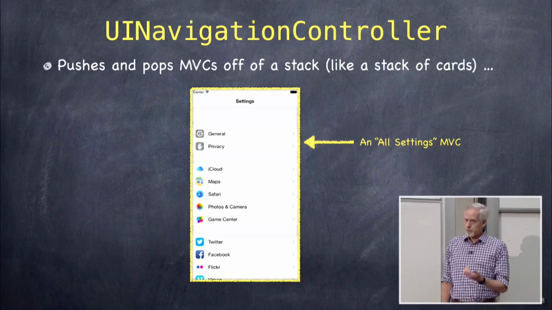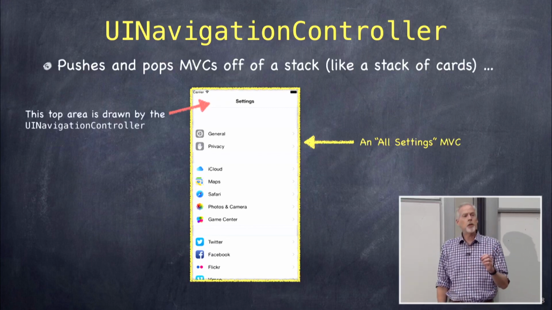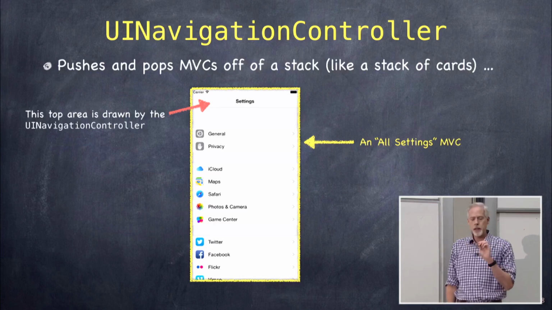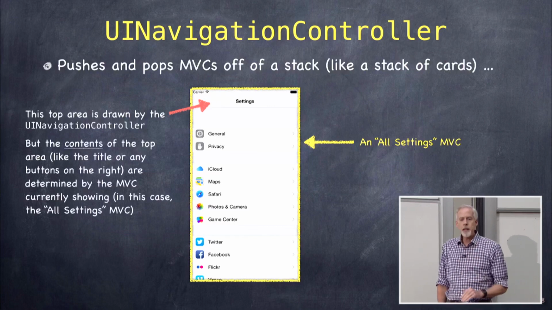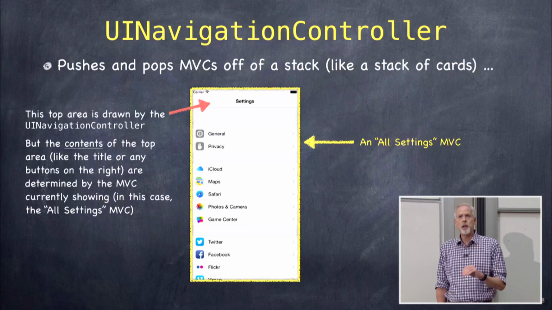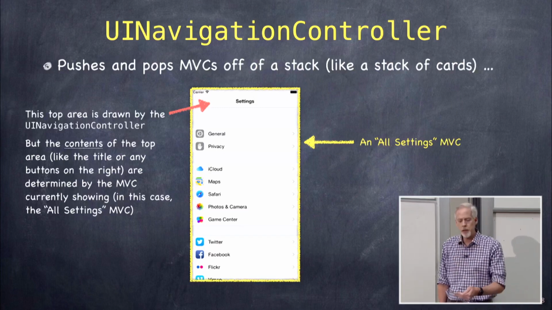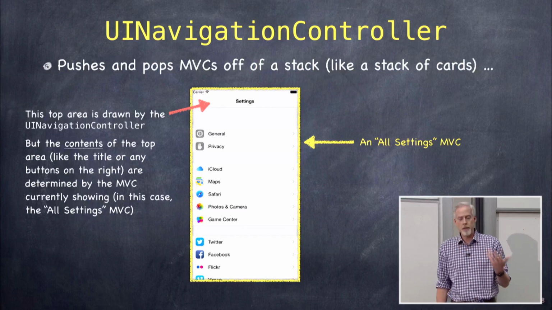You can see that the navigation controller, as part of its view, does actually draw a little bit. At the top, it draws a little title there, right? It says settings. That's not part of the MVC that's showing right there. But the contents in that title are driven by whatever MVC is on top of the card stack, the one that's showing. So that's called settings because the MVC that's there is the settings MVC.